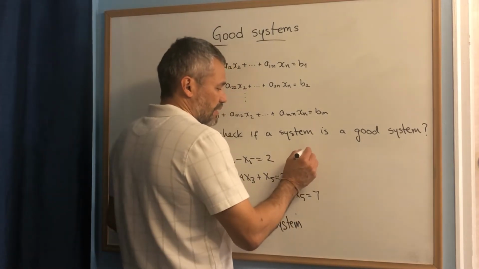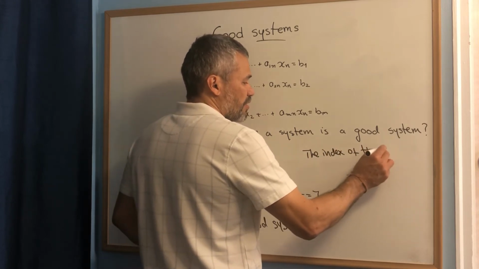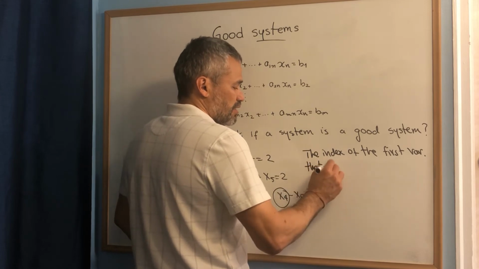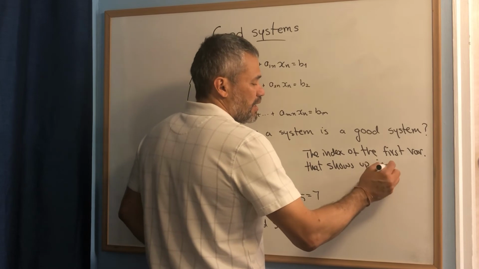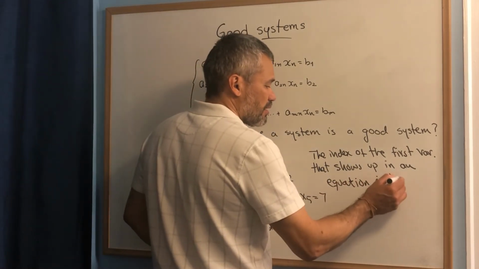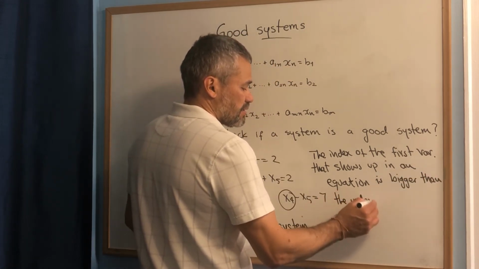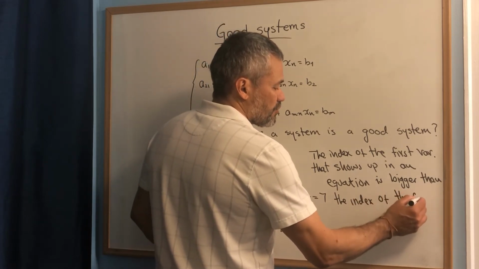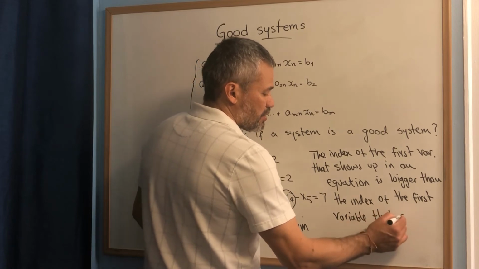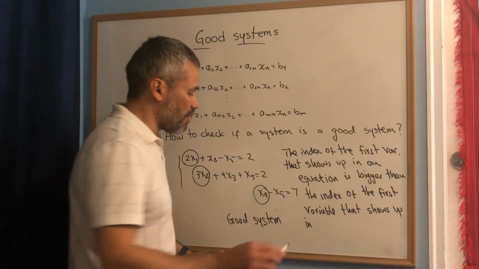Let me write this down. It means that the index of the first variable that shows up in an equation is bigger than the index of the first variable that shows up in any equation above it.